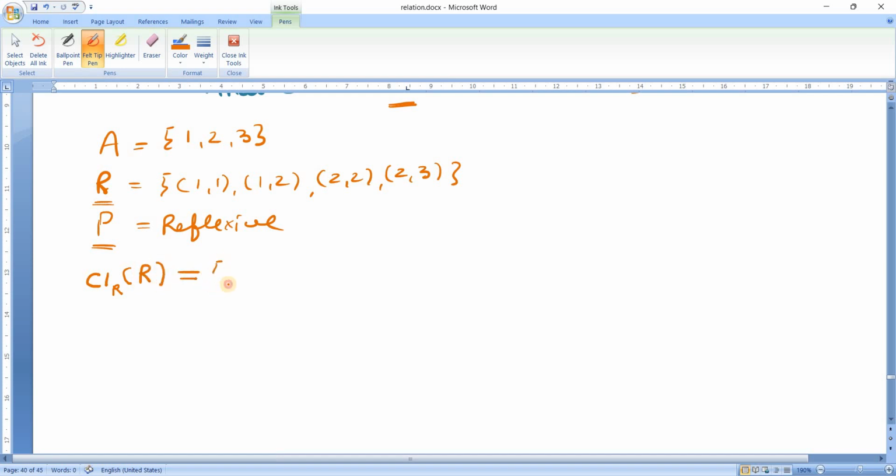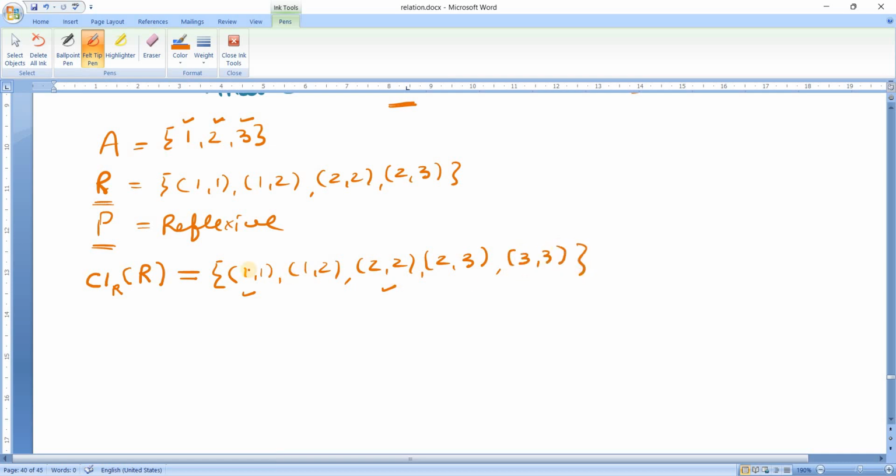So this will be containing the relation, first of all: (1,1), (1,2), (2,2) and (2,3). It should also contain the reflexive property. So for this set, for the reflexive property, we should have (1,1), (2,2) and (3,3). We already have (1,1) and (2,2), but we don't have (3,3), so what we need to do is include (3,3).